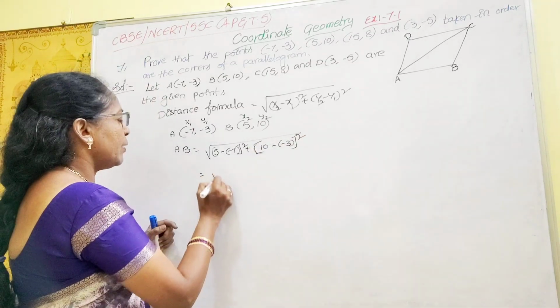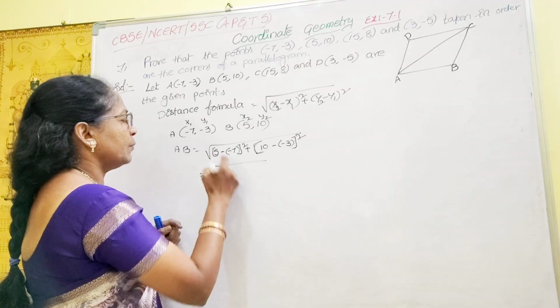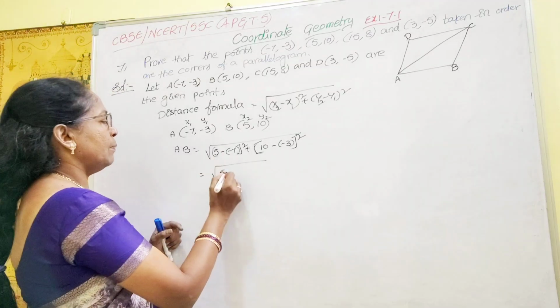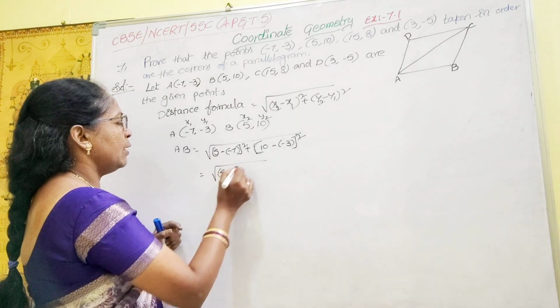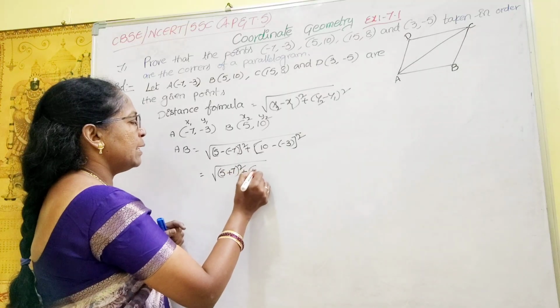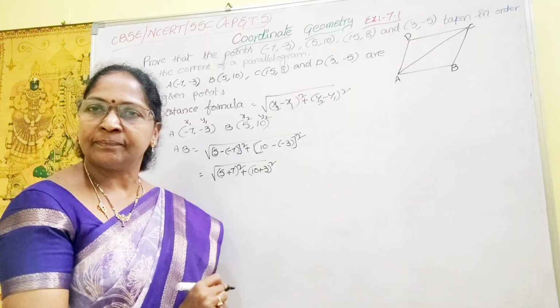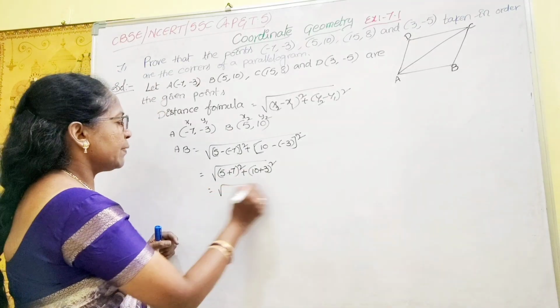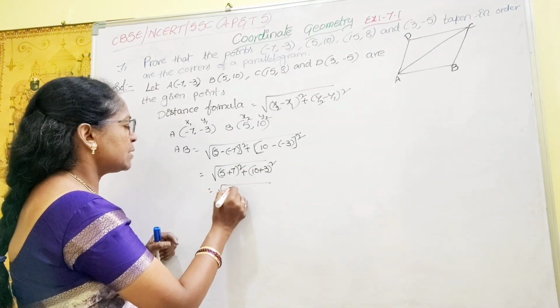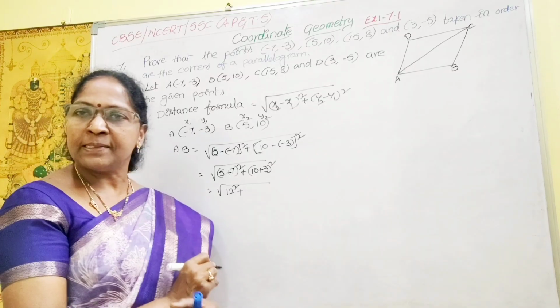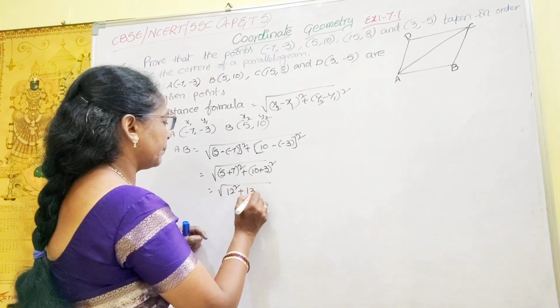Now, square root of 5 minus of minus 7, plus 7, whole square plus 10 minus of minus 3, plus 3, whole square. That equals square root of 5 plus 7 is 12 square plus 10 plus 3 is 13 square.